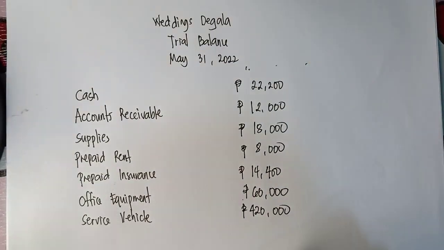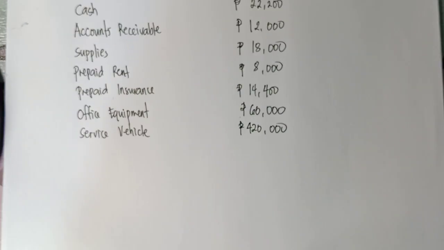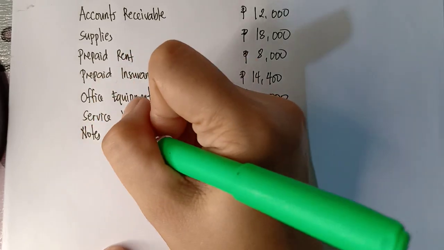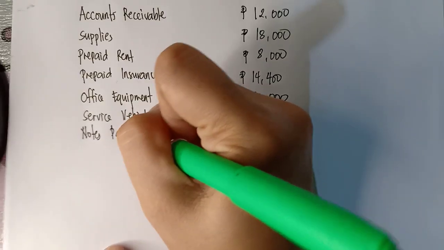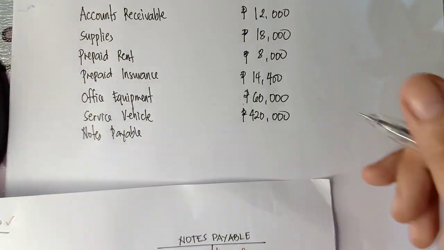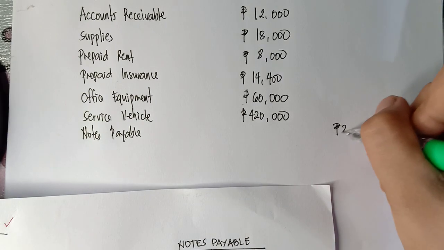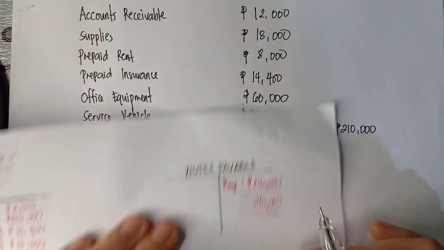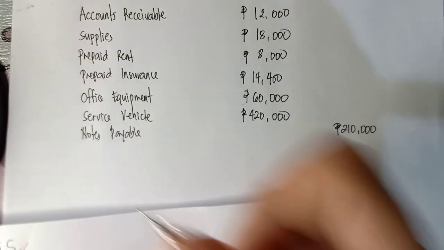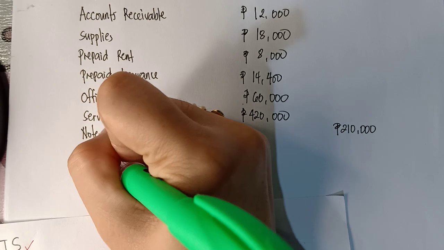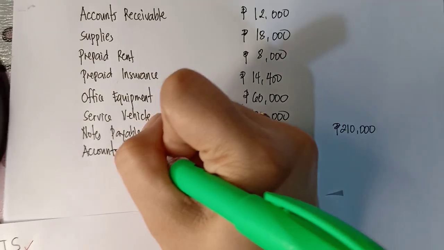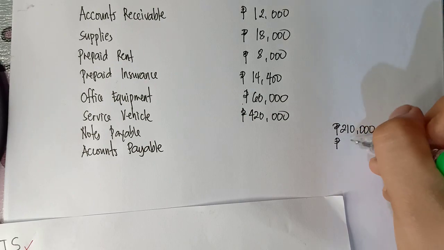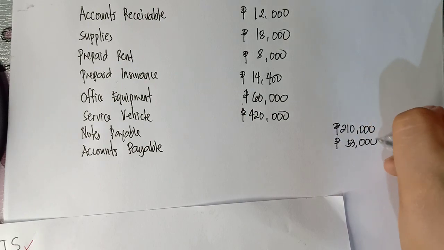Next is the notes payable. Notes payable for how much? On the credit side, for 210,000. Next is accounts payable for 53,000.